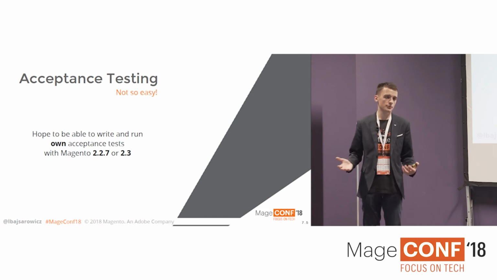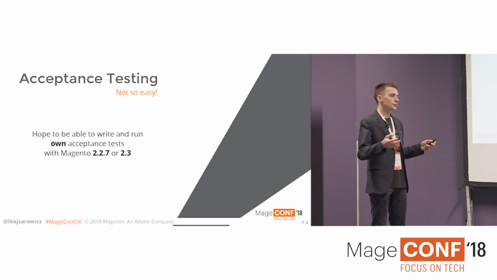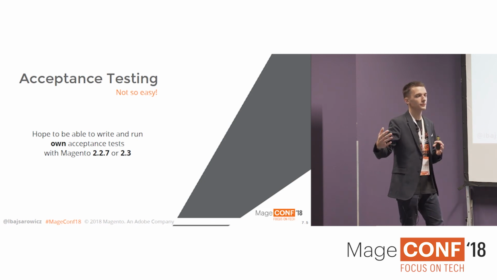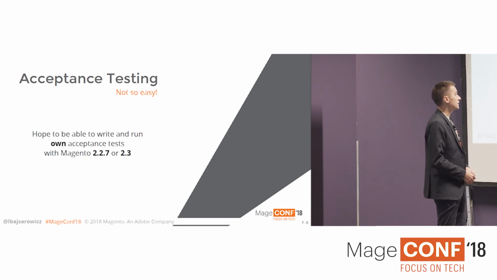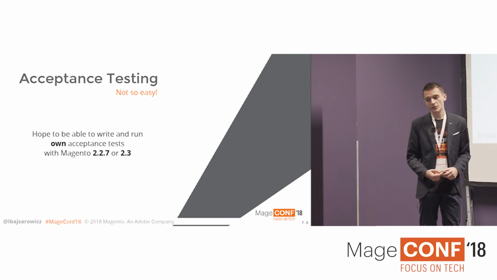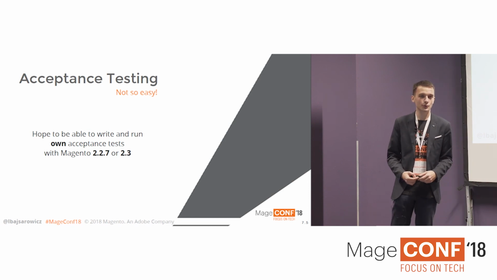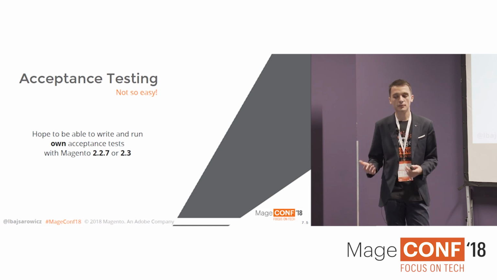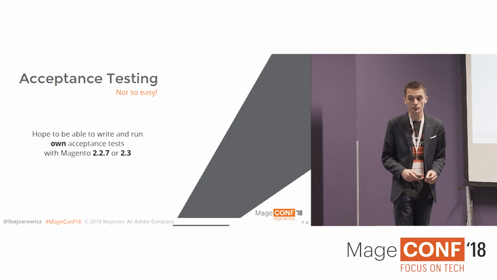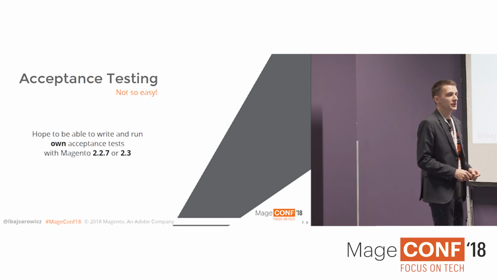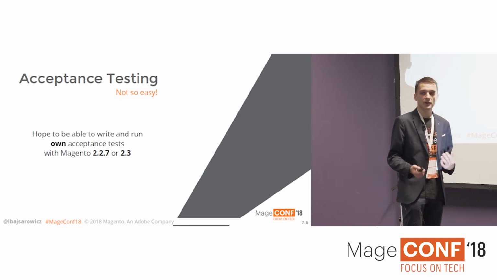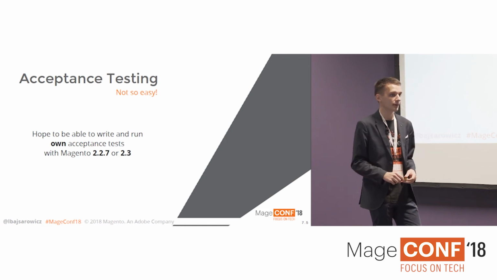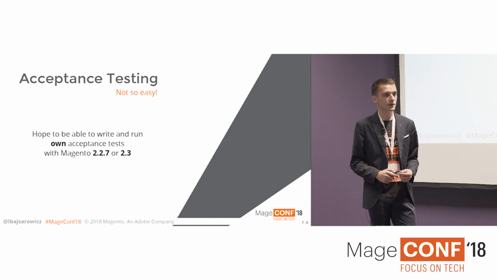For me, it's a great issue, because I want to extend the existing tests instead of writing the whole scope from scratch. And I've been promised yesterday that for 2.3 it will work. I hope that it will be backported to 2.2, and we will be able to run in our pipelines, in our continuous deployment process, even the functional tests with Selenium.